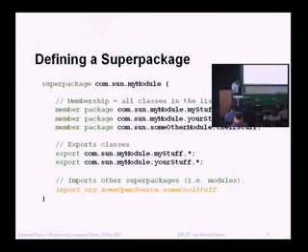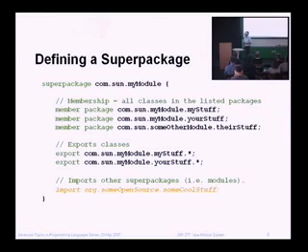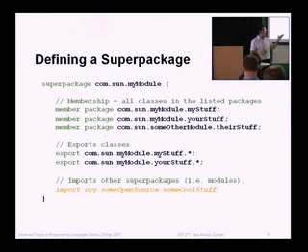Now let's look at an example of what a development module looks like. So in this case, I have a com.sun.myModule that is declared using the new super package construct. And inside a module, it is typical to have public API as well as implementation classes. And both of them belong to the module as members.